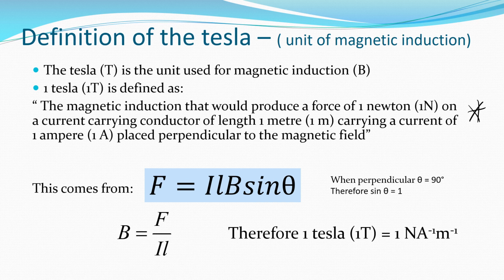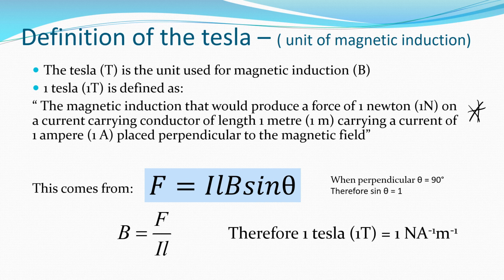Another interesting thing we can note here is that by rearranging the equation in this way to B is equal to F over IL, we can then talk about the proportionalities of the different factors. That is, we can say that the magnetic induction is directly proportional to the force which is experienced, or vice versa.